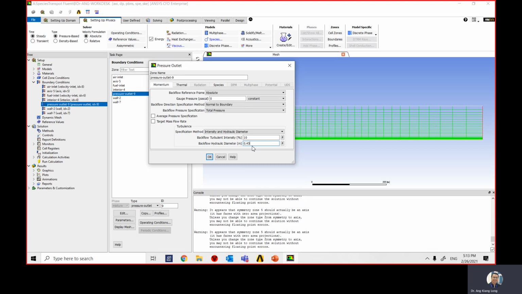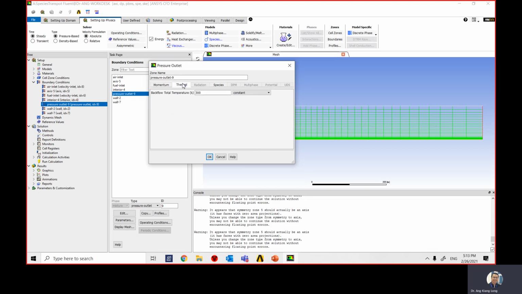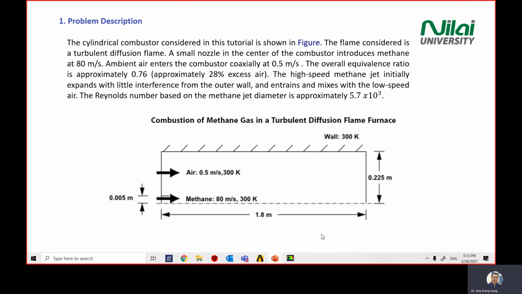After that, in the thermal, the backflow total temperature we will set as 300. As you can see here, we follow the temperature.